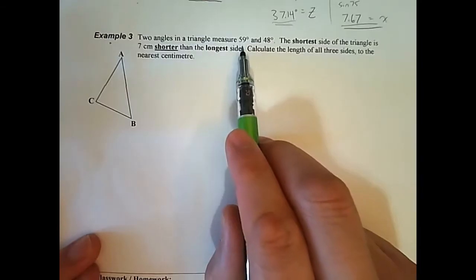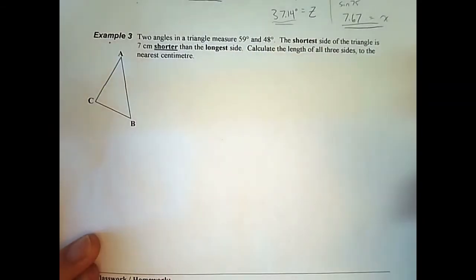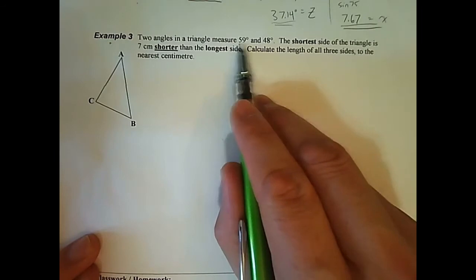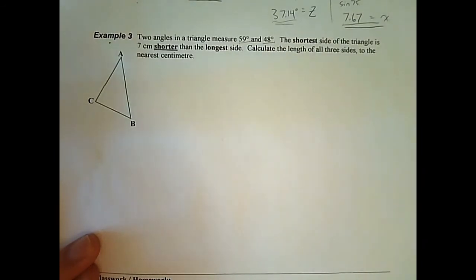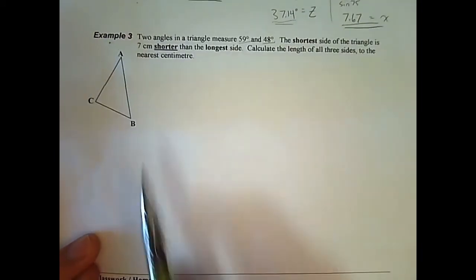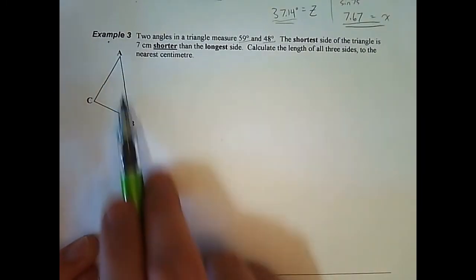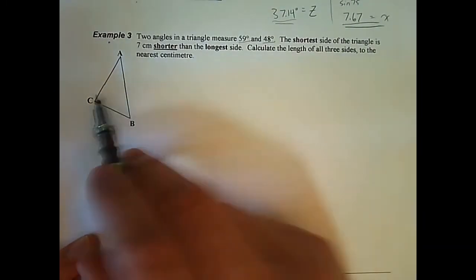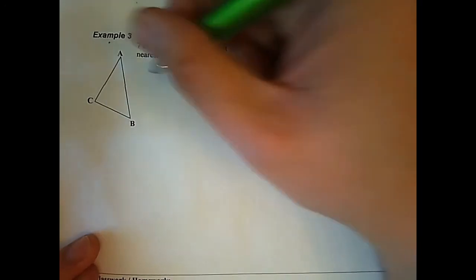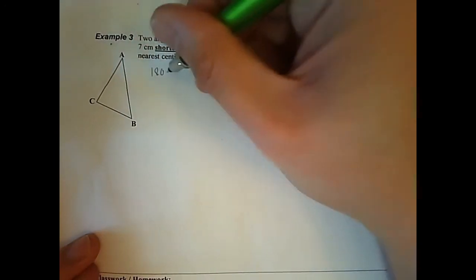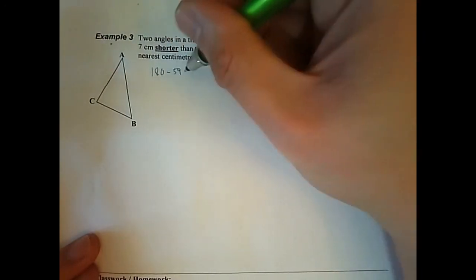And they give us two angle measures here. They give us 59 degrees and 48 degrees. Well, based on my diagram, I have kind of a big angle and then two smaller angles. But I can figure out that third angle measure, because remember, if I know two of the angles in a triangle, I can subtract them both from 180.